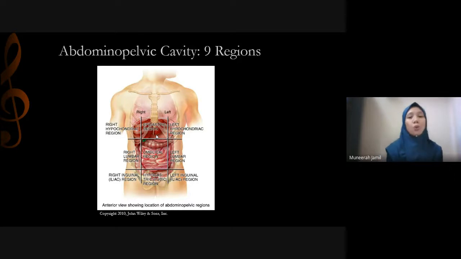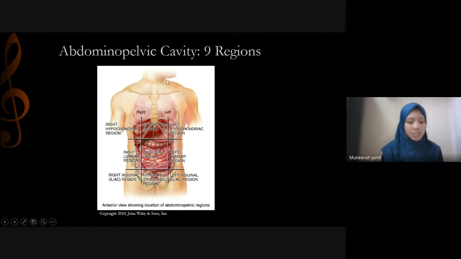When you hand over your report, the one who is going to continue your task for the next shift already understands because the terms are well used. There is no more need to draw and point with an arrow, and then people wonder whether it is the epigastric region or the left hypochondriac region. So using the correct name is an accurate way for us to define the structure, or where it is located.